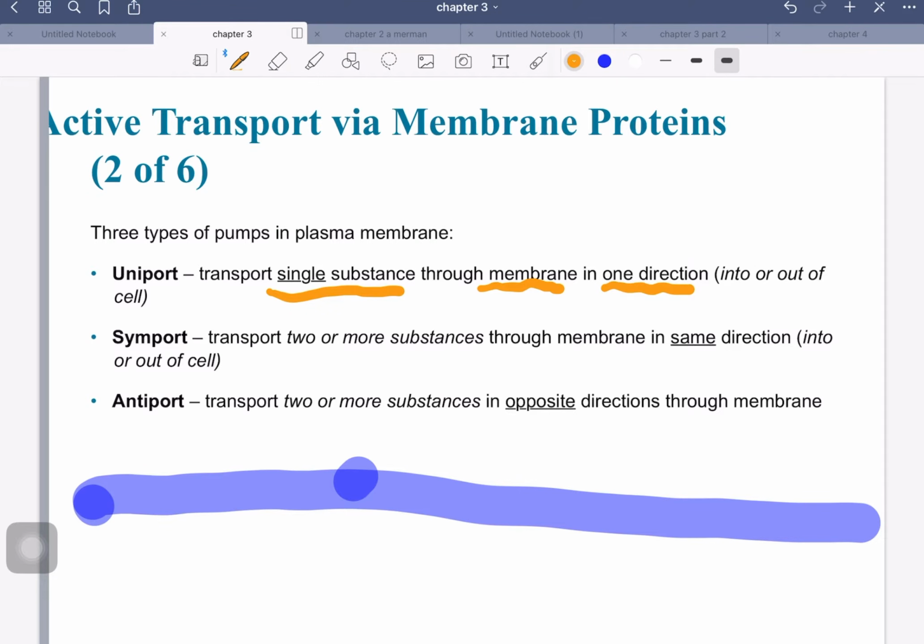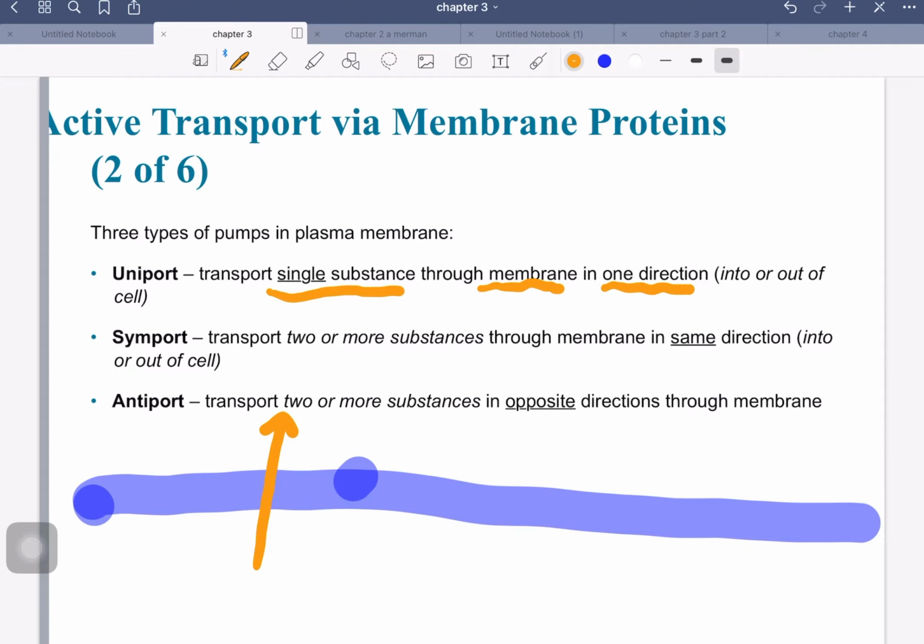It could be either into the cell or out of the cell. So uniport, one thing moves across the cell membrane. As I said, it could be either into the cell or out of the cell. It depends on what active transport protein you're looking at. But uniport just means one item moved in one direction across a cell membrane.